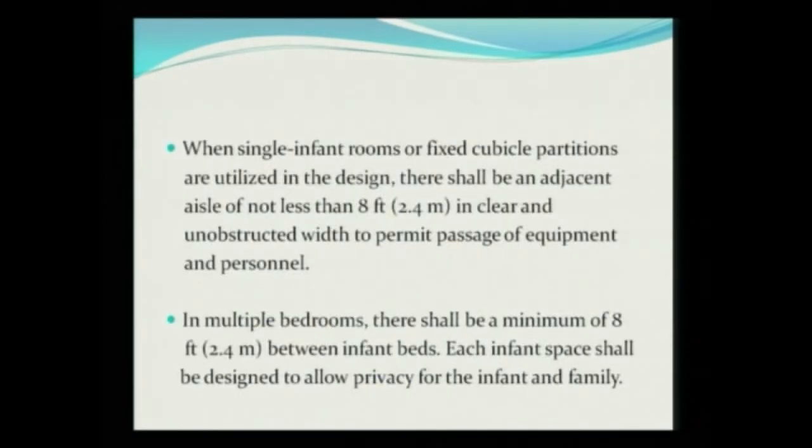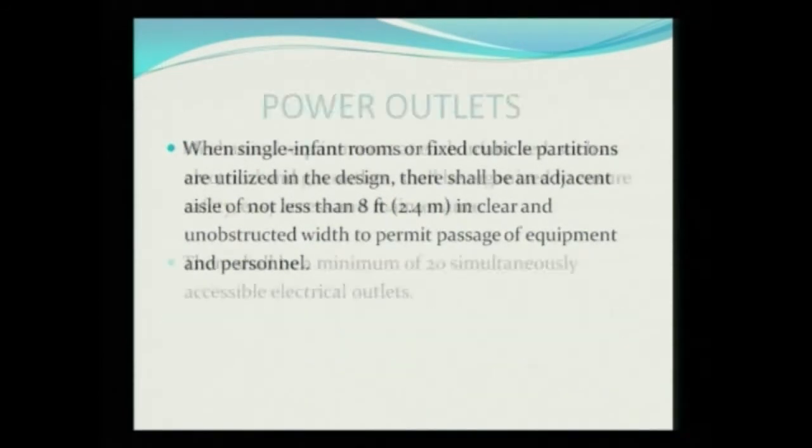When there are single infant rooms, there should be an adjacent aisle. An aisle is a passage between two seats, not less than 8 feet, that is 2.4 meters. If there are multiple bed rooms, the area should be around 8 feet again.